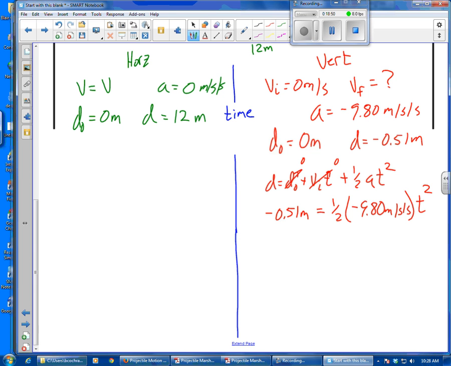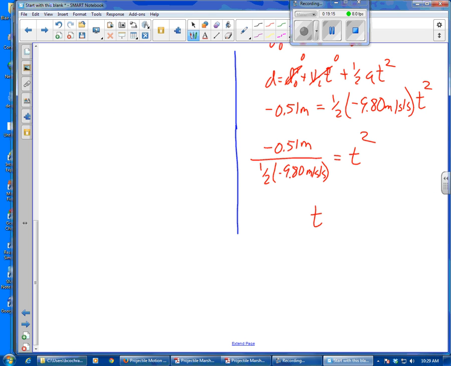So I can do a little rearranging, algebraically, to get the t by itself. If I bring this over here, I get negative 0.51 meters over 1/2 times negative 9.80 meters per second squared equals t squared. Do that and solve for t. Oh, good. My negative will cancel out my negative, so I don't end up with imaginary time.